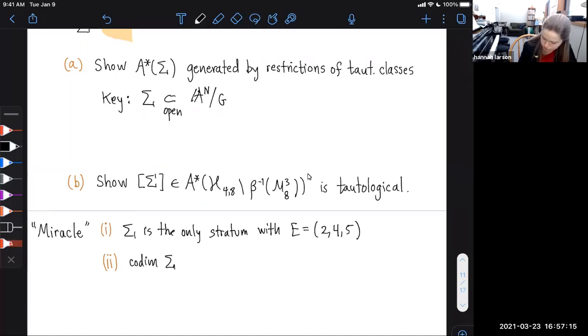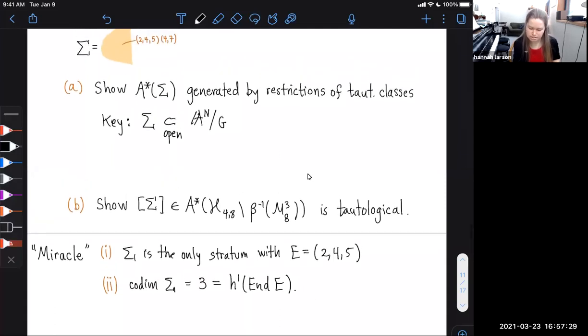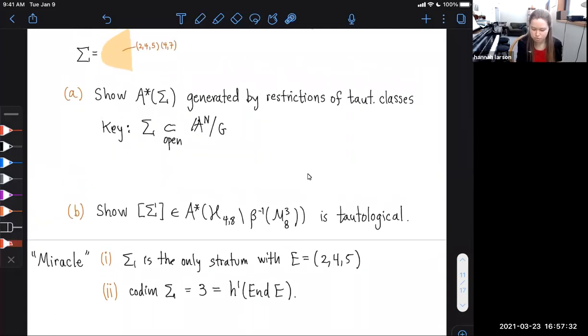And the codimension of sigma, which we found to be 3, is equal to H1 of End E. So this means even though sigma might seem like it occurs in the wrong codimension, when you think about it in terms of the pair E and F, we can actually think about it as a splitting type locus just for the bundle E. And when we do so, it occurs in the expected codimension.